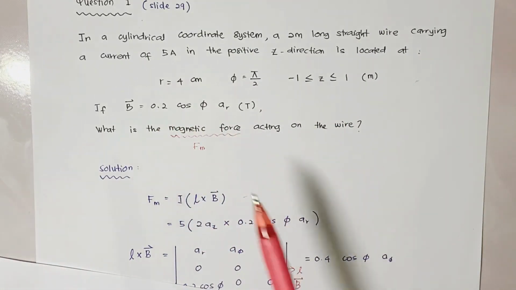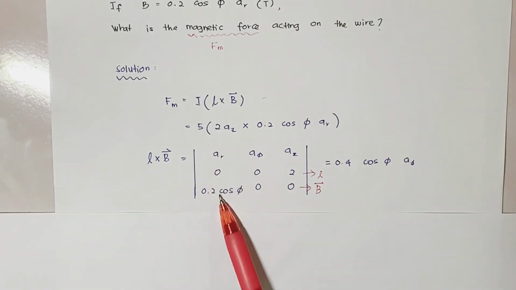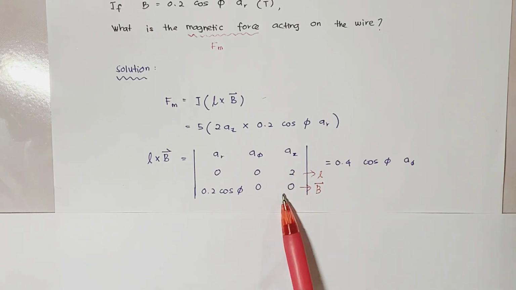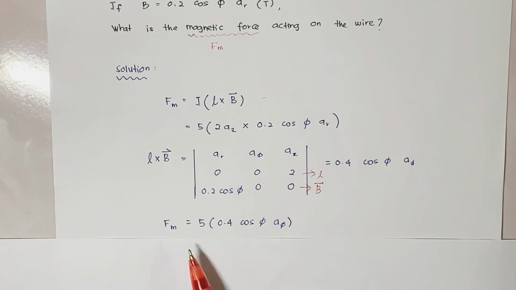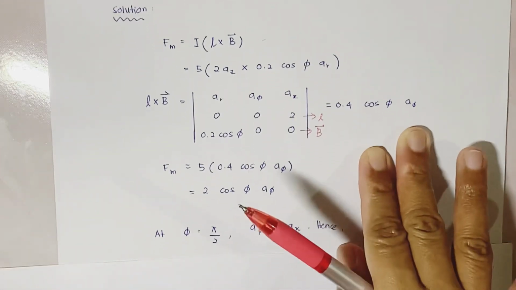So put 0.2 cos phi under the AR column, and for AP and AZ simply put 0. So solving the Fm equation, we will get 2 cos phi AP.